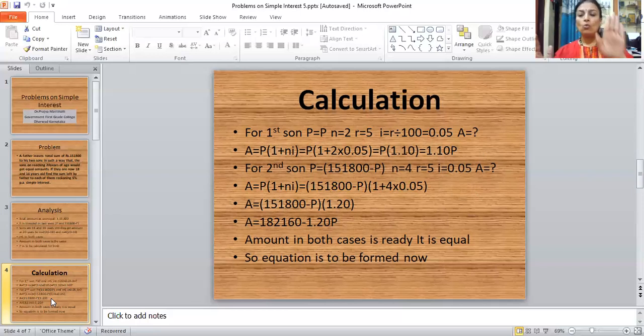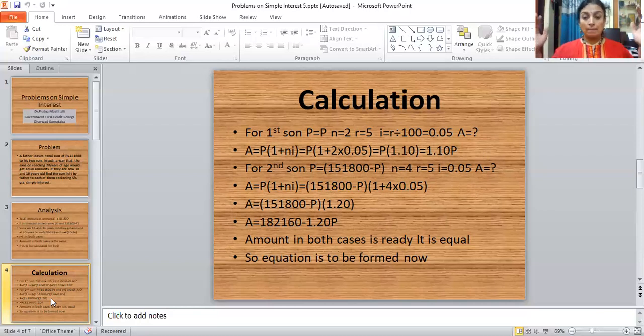It should be added to 1, so 1.20 within one bracket. In another bracket, 1,51,800 minus P. Now multiply this 1.20 with 1,51,800 once, then with minus P. Now the answer is 1,82,160 minus 1.20P. Both amounts are ready.